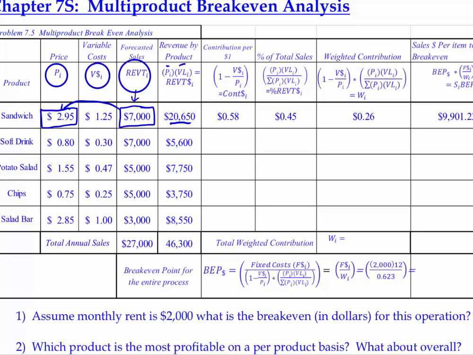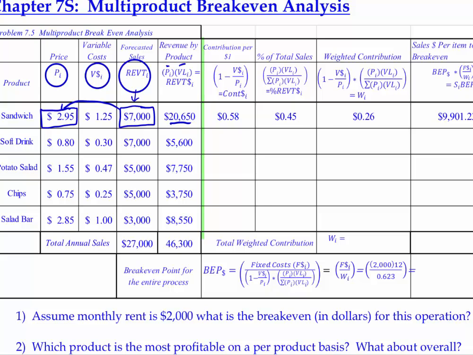Now when we move to this next column, it's important to understand that we're changing gears, because now we're talking about how much an individual product contributes to the overall bottom line.